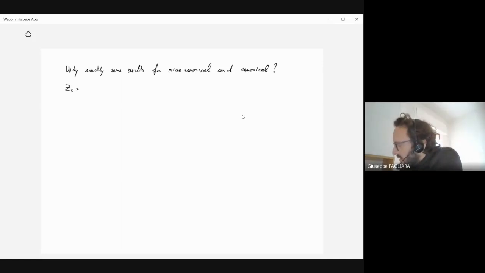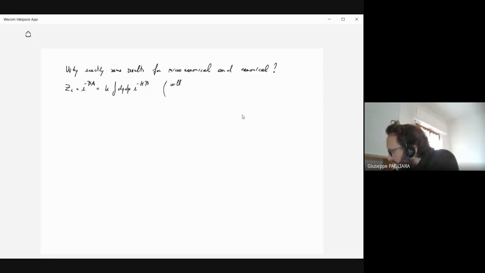So Z of C is e to the minus beta A, which was also equal, apart from some constant k, to the integral dq dp e to the minus beta H. Where k is a normalization constant that will not be important in this calculation, so we will not keep track of k for the following.